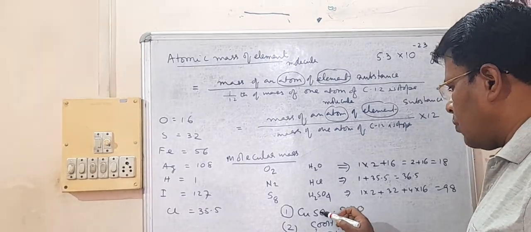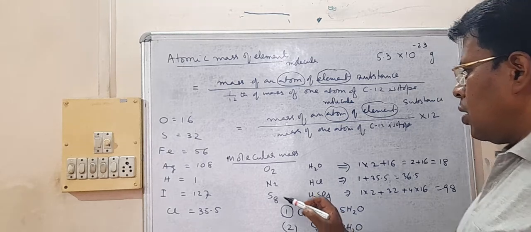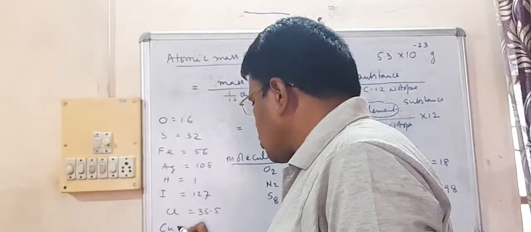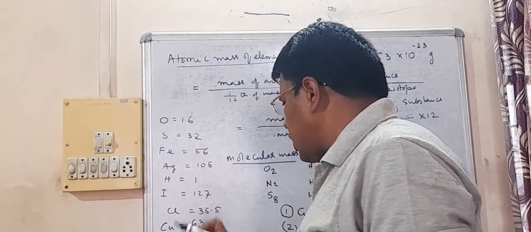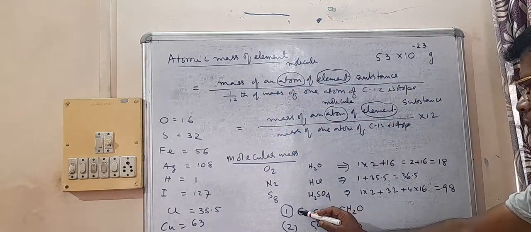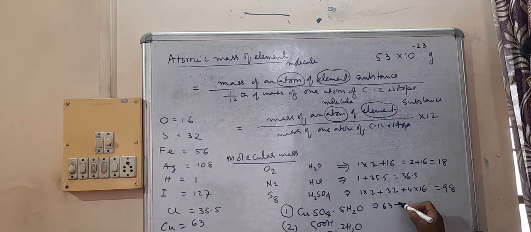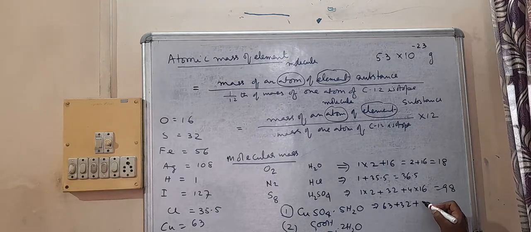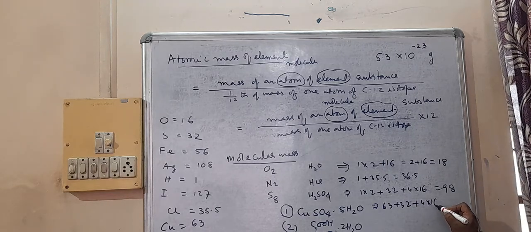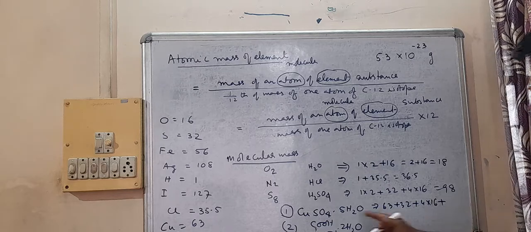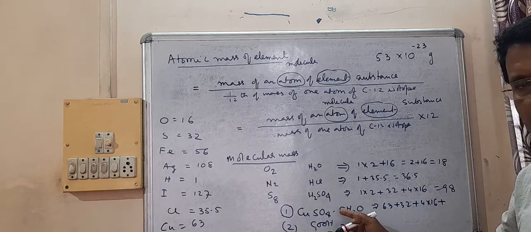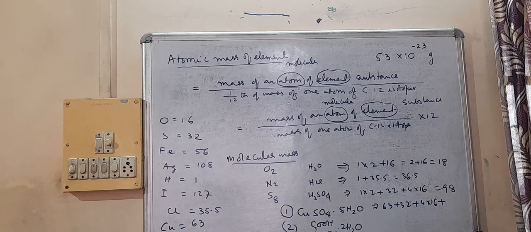That I'm showing you. Say for this one, the atomic mass of copper will be given to you, it is 63. So for this one it will be 63 plus 32 plus 4 into 16 plus. Now for this dot part, it has to be added.